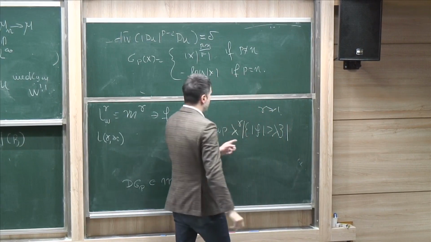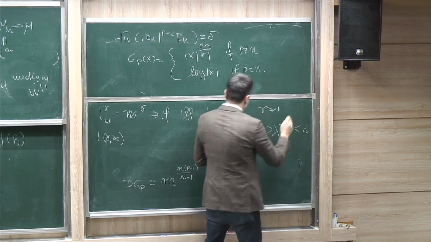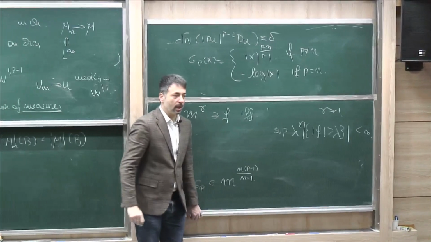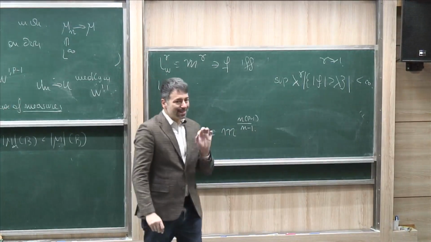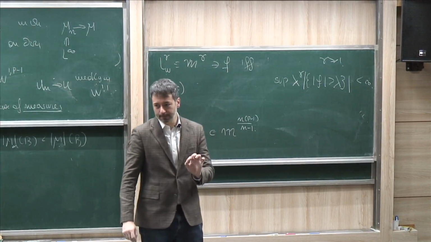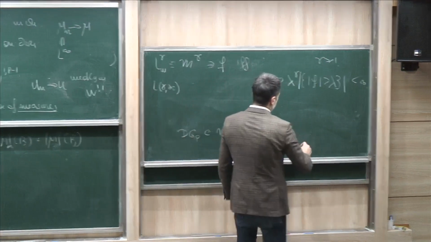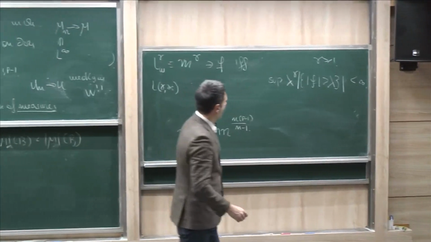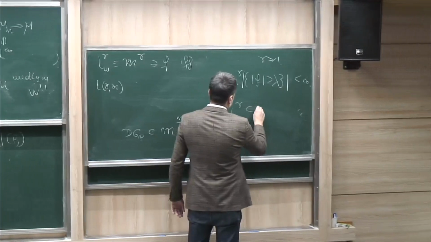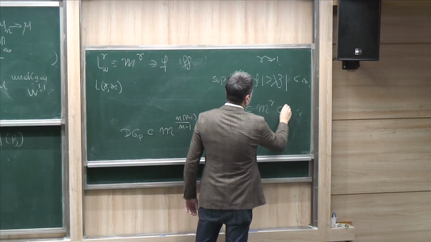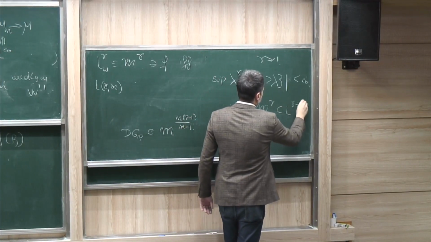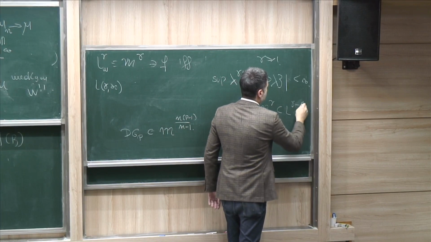So you prescribe the decay of the level sets, and you put this weight. These are spaces which are slightly larger than L^gamma, let's say they tune fine properties. So L^gamma is strictly contained in M^gamma, which is strictly contained in this.